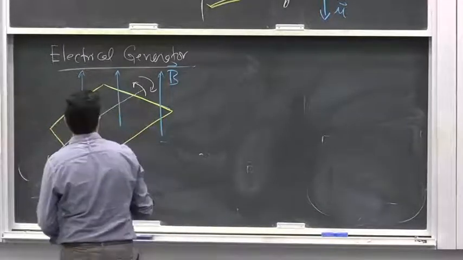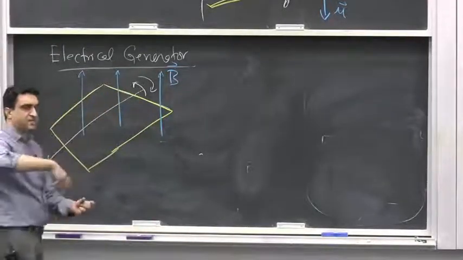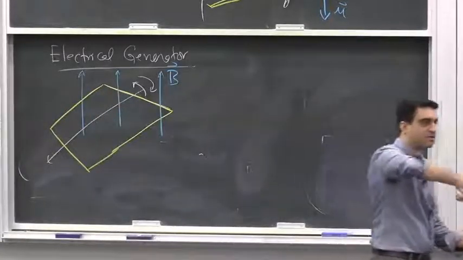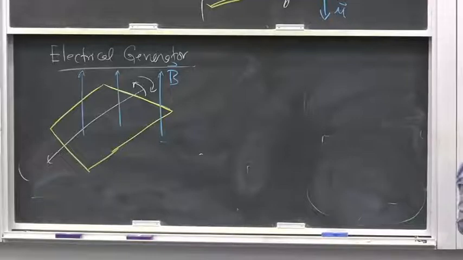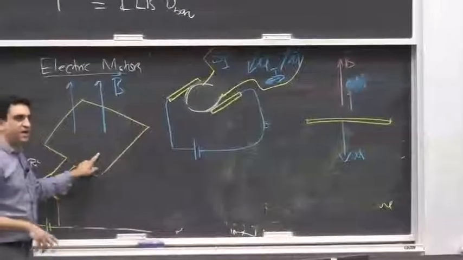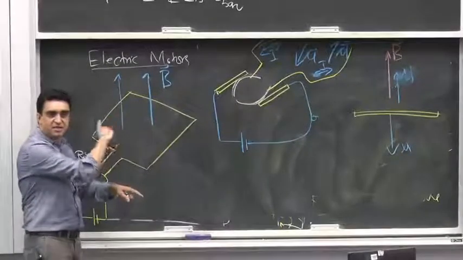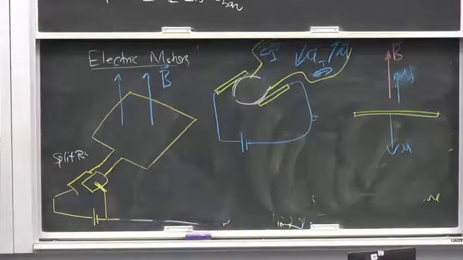So what happens in a generator is some external mechanical force rotates the coil. The coil doesn't rotate by itself, just like यहाँ पे, क्योंकि you are inducing a current, and that current was producing a magnetic moment, and that magnetic moment was rotating in an external field. But in this case, you don't have any current to start with.